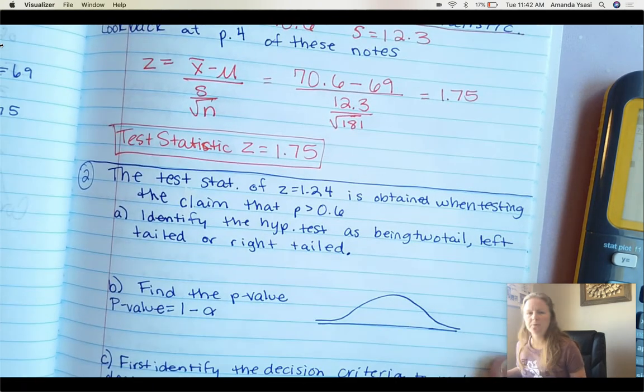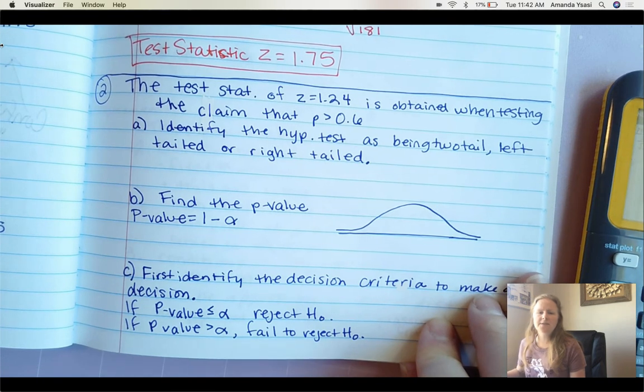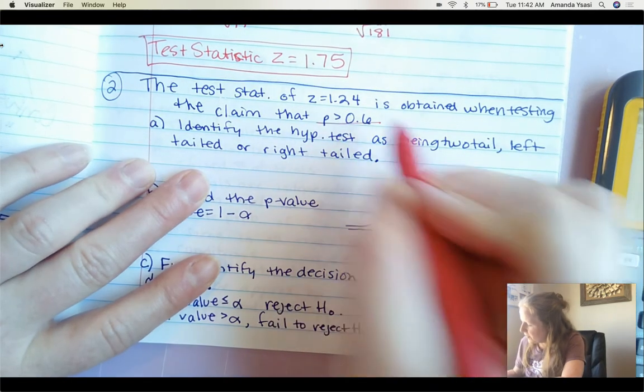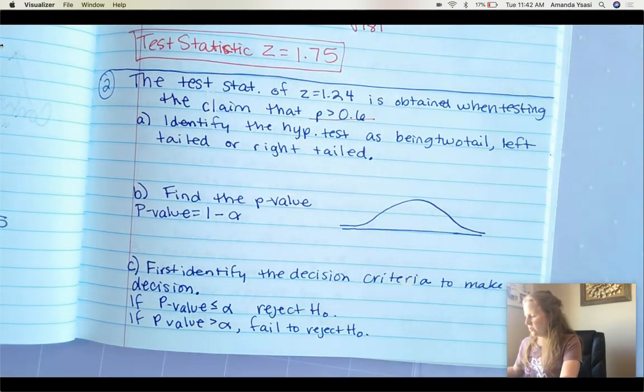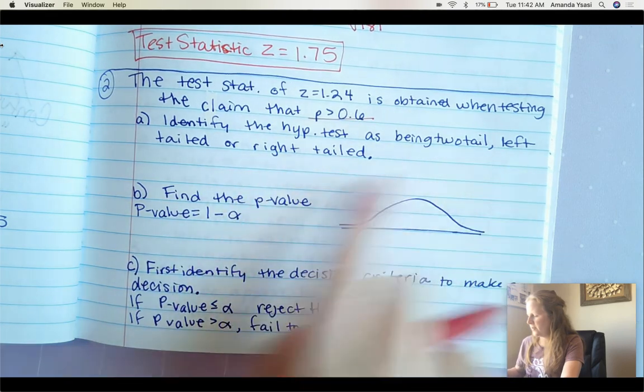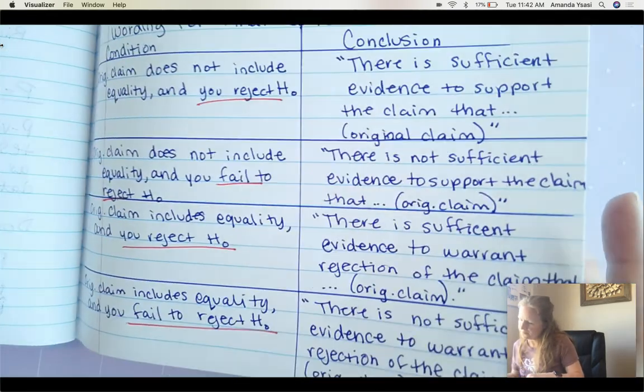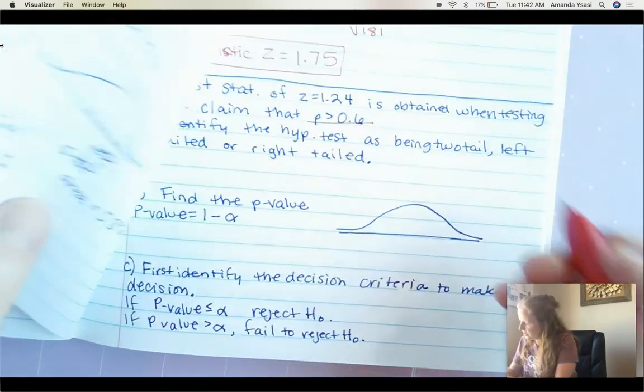Okay, number 2. The test statistic of Z is 1.24, obtained when testing the claim that P is greater than 0.6. Identify the hypothesis test as being two-tailed, left-tailed, or right-tailed. So if we have P is greater than 0.6, remember how I talked about left-tail, right-tail, two-tailed? It was on page 6.